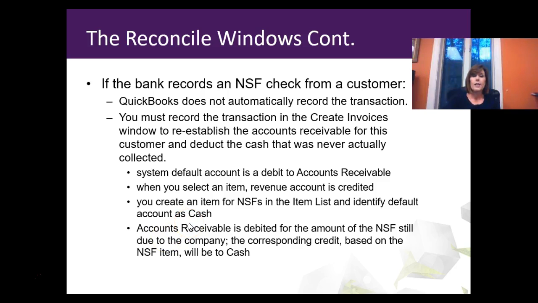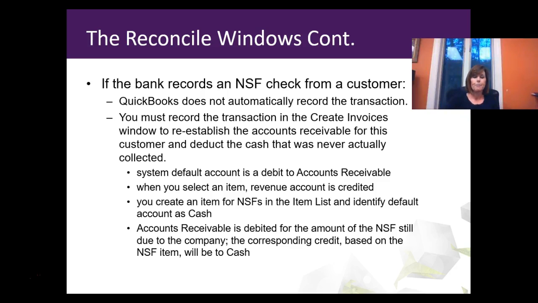Now, if there is an NSF, which is short for non-sufficient funds, in other words, somebody bounced a check, QuickBooks isn't going to know that. So we need to record a transaction in Create Invoices, and that will establish an obligation for the client, and also a way for us to track it.